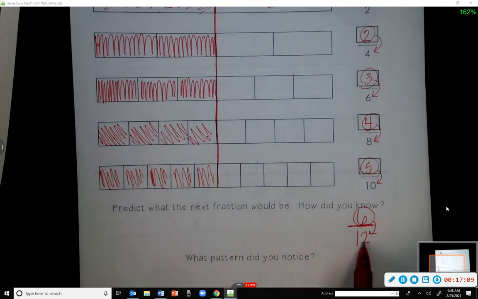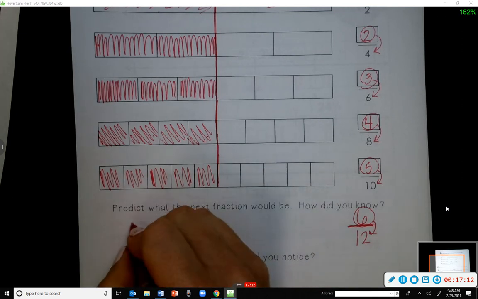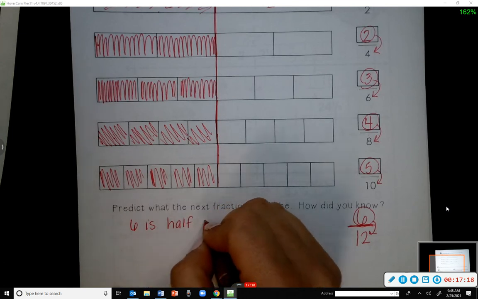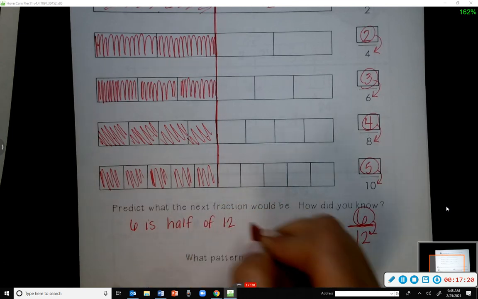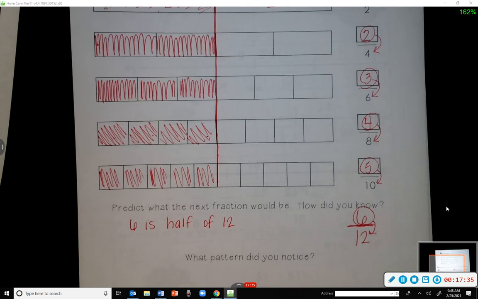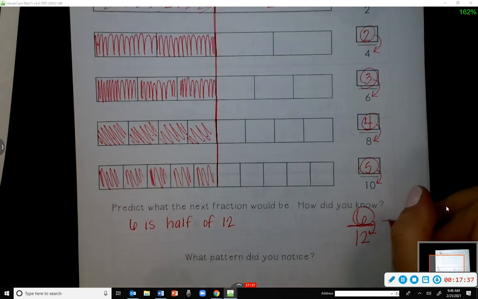So I knew the next fraction would be 6/12 because 6 is half of 12. Okay, so anytime the numerator is half of the denominator, then that fraction is equivalent to 1/2.